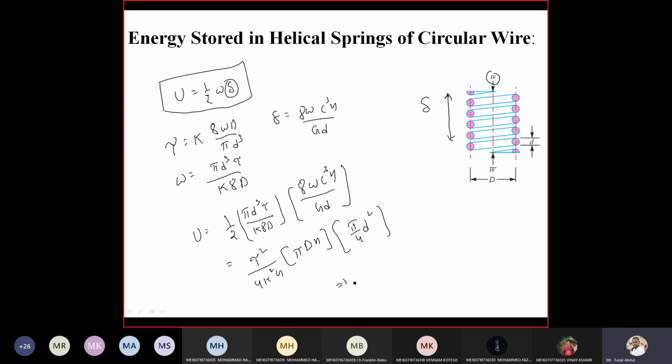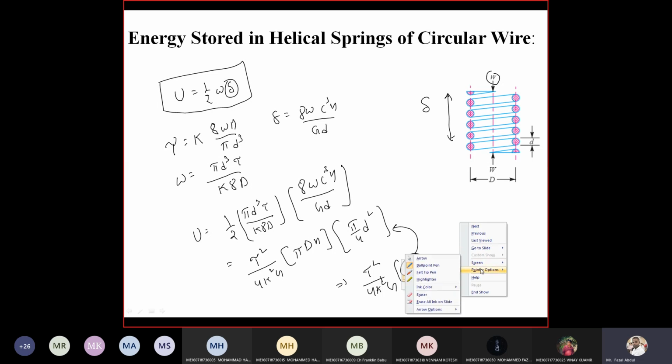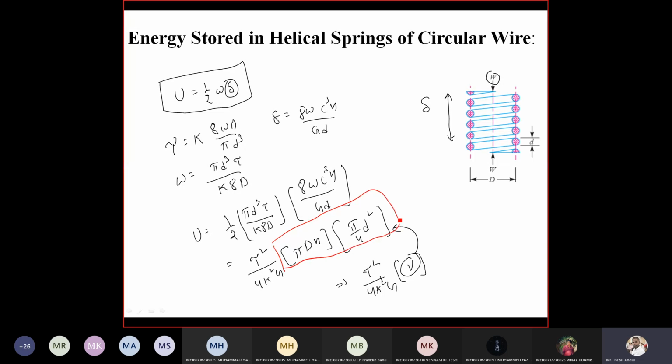This we can also write as shear stress square by 4K square into G into capital V. V means volume, the product of these two.